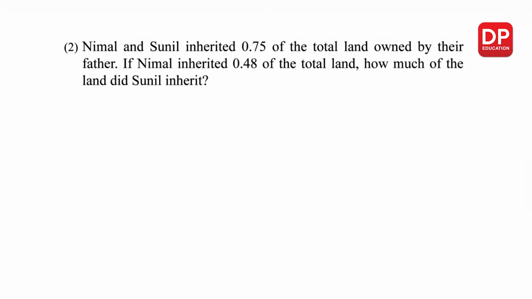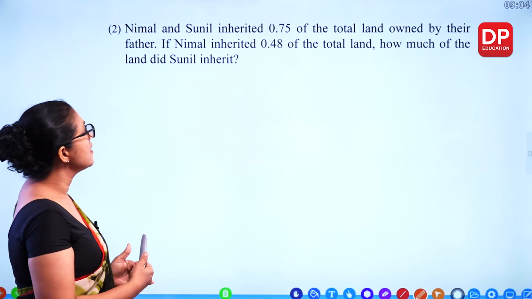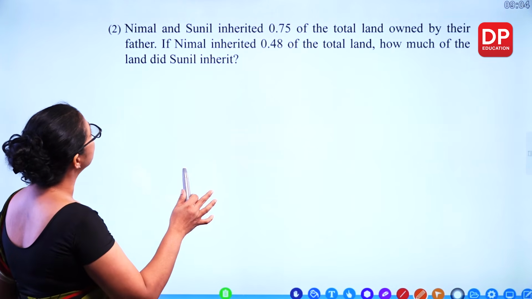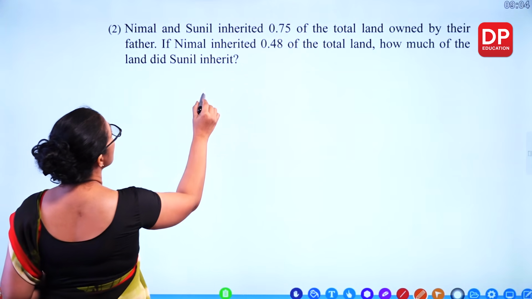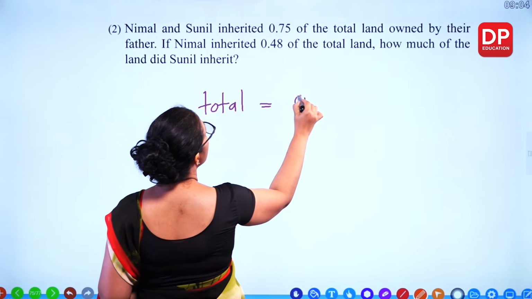Look at this one. Nimal and Sunil inherited 0.75 of the total land owned by their father. If Nimal inherited 0.48 of the total land, how much of the land did Sunil inherit? So that means just subtraction. So the total is 0.75.